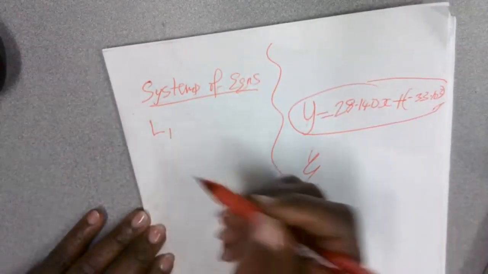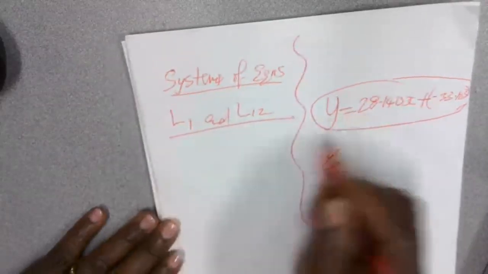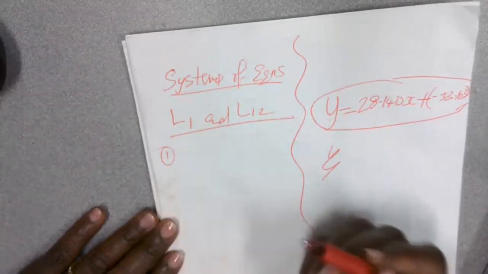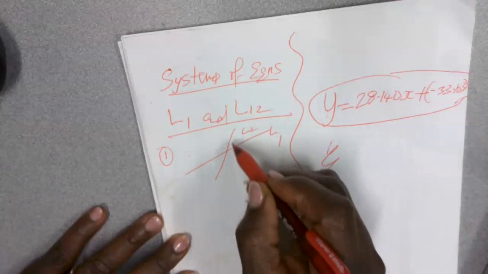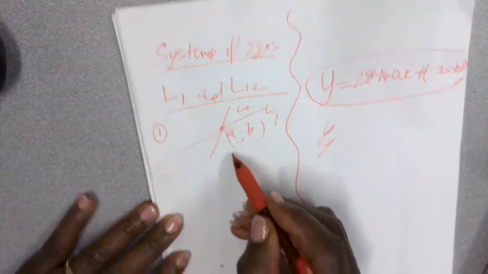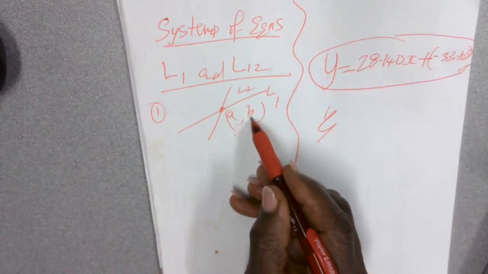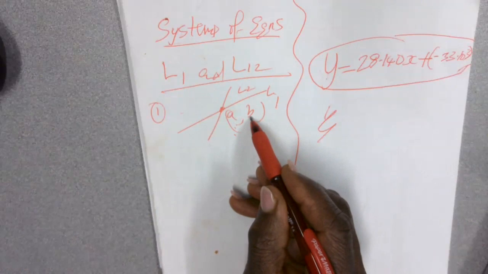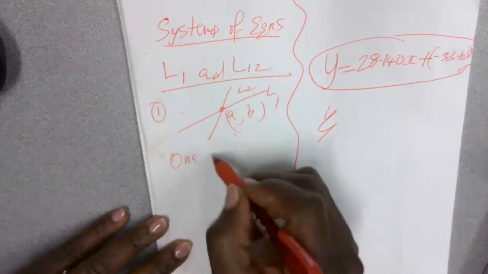Suppose I have line 1 and line 2. Let's just make a definition. If line 1 crosses line 2 at the point A, B, where A is the X variable and B is the Y variable, we say that there is one solution.